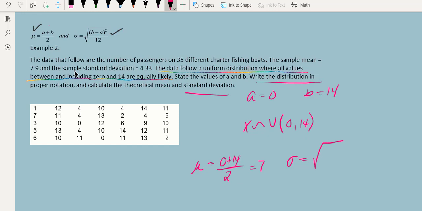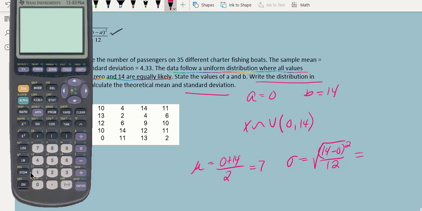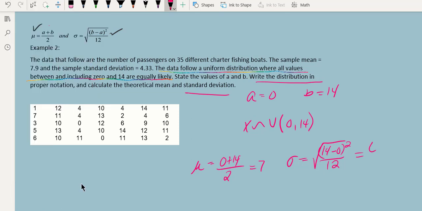So that would be the square root of 14 minus 0 squared, all divided by 12. And if I put that in our calculator, that should give us the square root of 14 squared divided by 12. And that is 4.04. Okay?